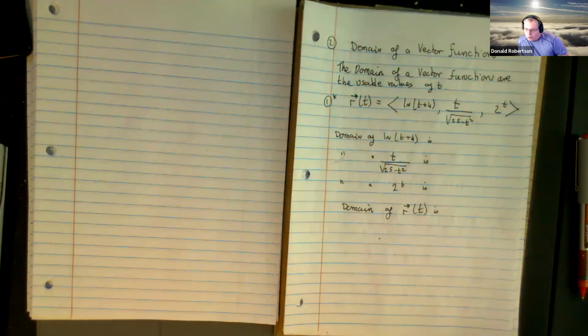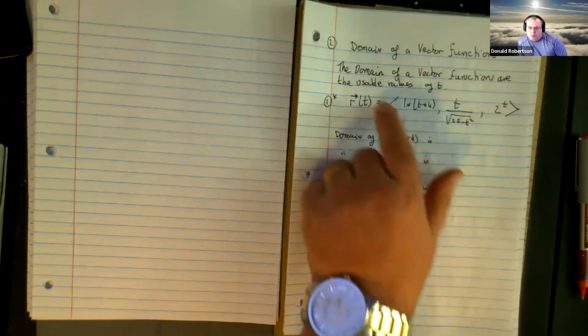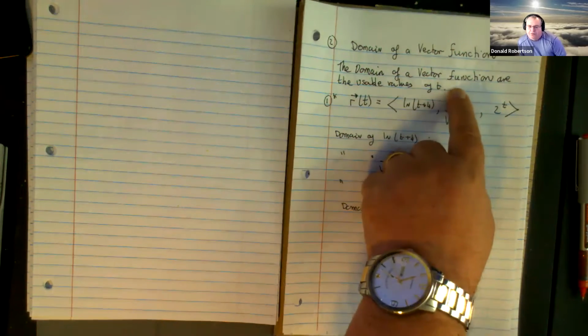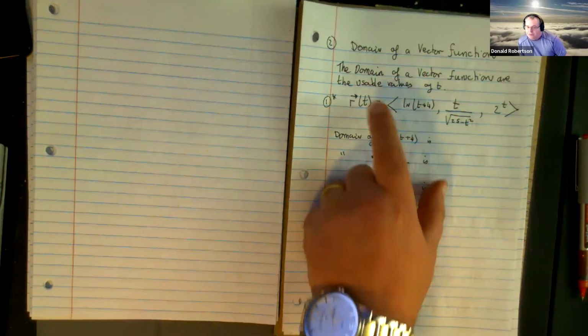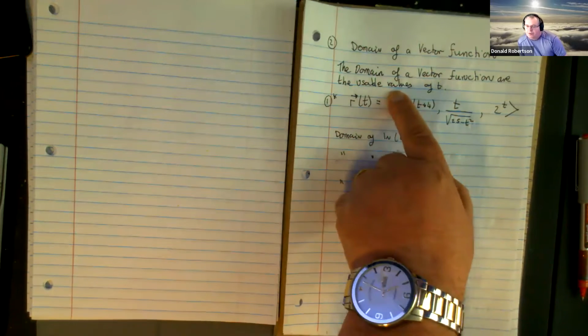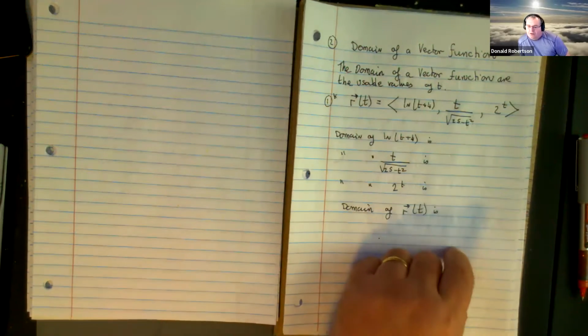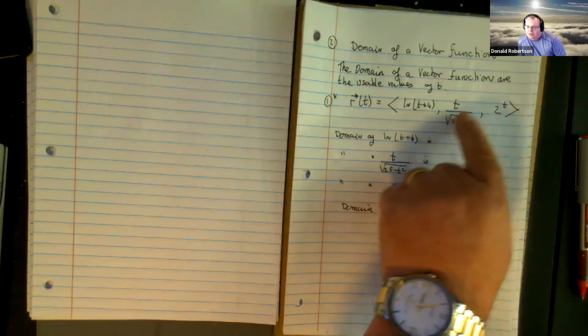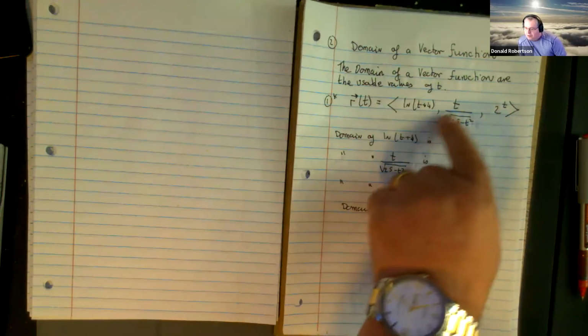In 141, wouldn't the domain be the usable values of x, right? For what values of x can you plug into the function and actually get a number as your answer, right? Well, when you talk about the domain of a vector function, it's really just the same idea. It's the usable values of t, right? So for what values of t does this exist? Can I actually plug numbers in?